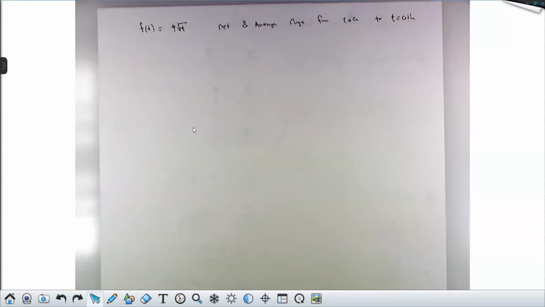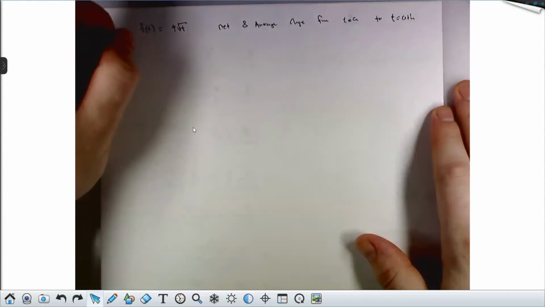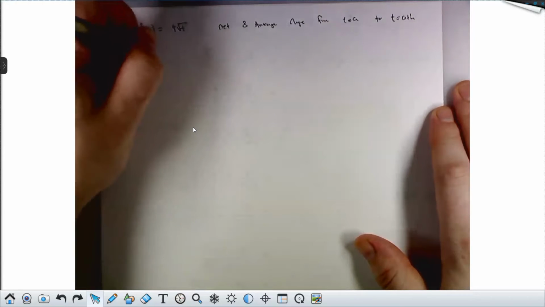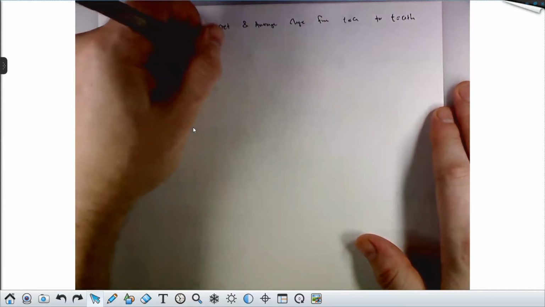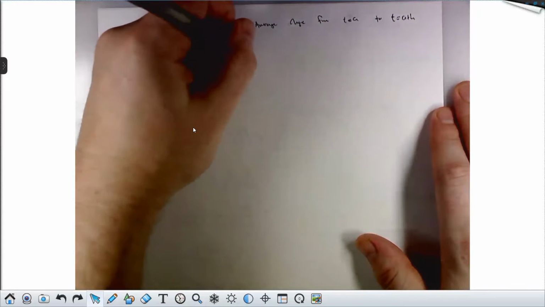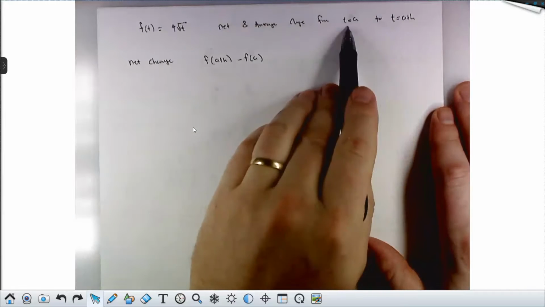I should warn you first, some variation on this question will show up on the test. So it's something that you want to make sure you practice until you're comfy with. Let's look at the net change. That would be f of a plus h minus f of a, because this is my b, this is my a.